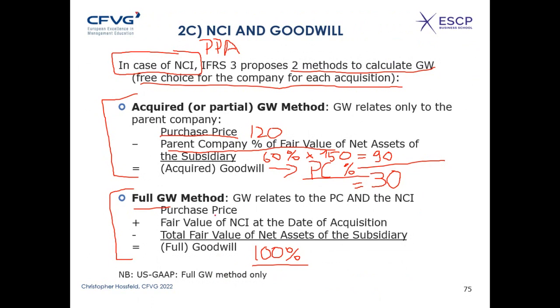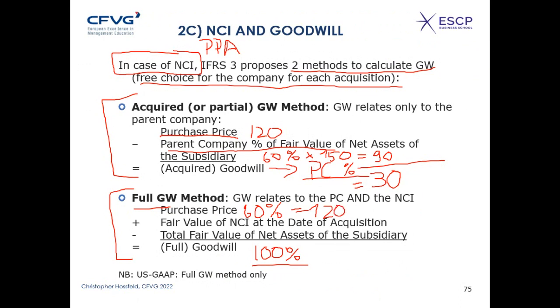So how do we do this? I take the purchase price, and remember, the purchase price is only for the part I bought, so 60% in our example, and I paid 120 for those 60%. So the purchase price for the 60% was 120.